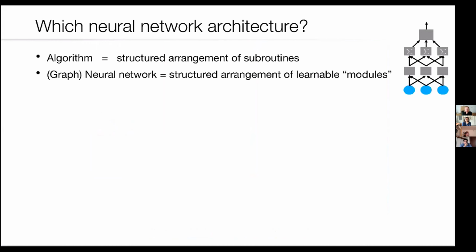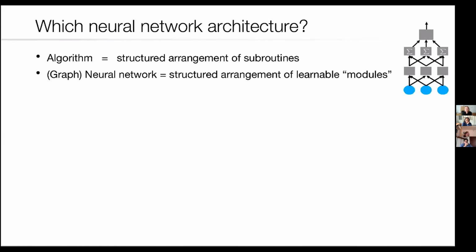So now, an algorithm has a lot of inherent structure in it. You can think of an algorithm as a structured arrangement of subroutines, maybe a for loop, where you apply the same thing, say, to each node in the graph, etc.